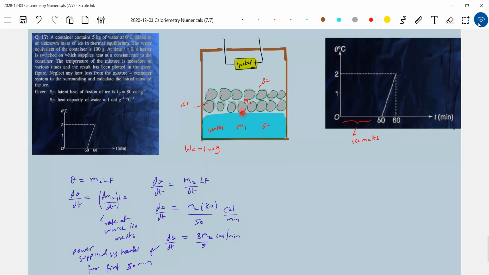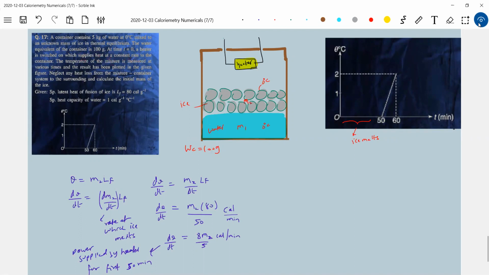The temperature will rise from 0 to 2 degrees Celsius. And who will supply that? Again, the same heater, because the heater continuously supplies heat at a constant rate.